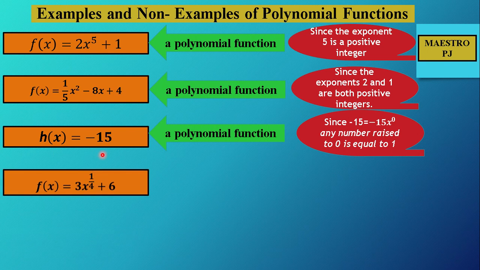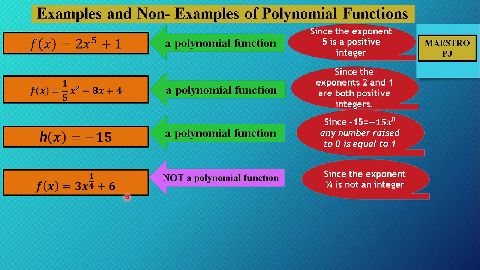Next example, f of x is equal to 3x raised to 1/4 plus 6. Do you think it is still an example of a polynomial function? Yes or no? So the answer is, it's not a polynomial function. Why?